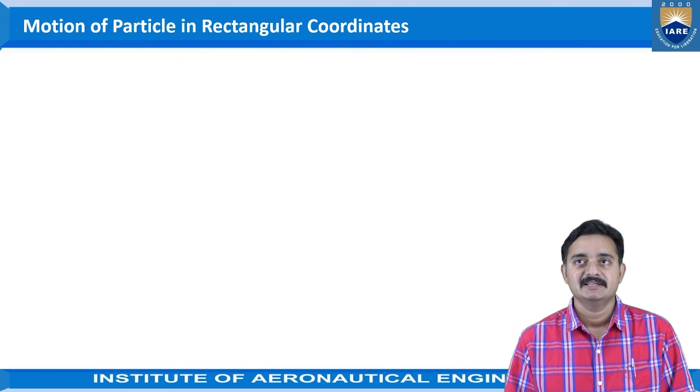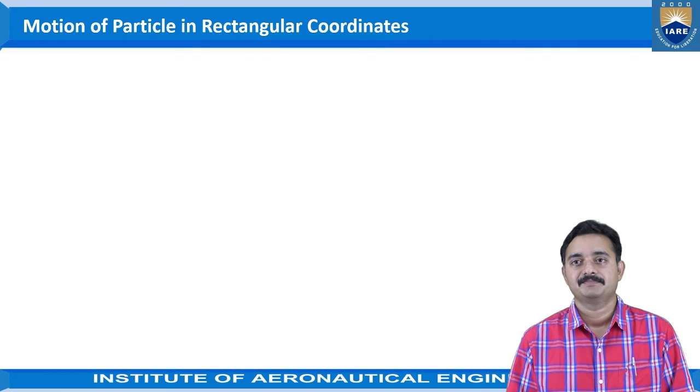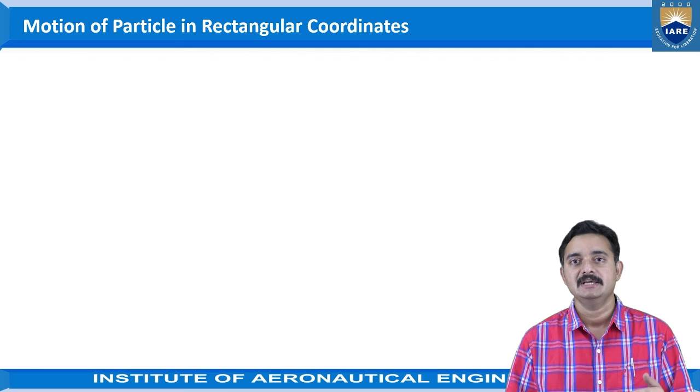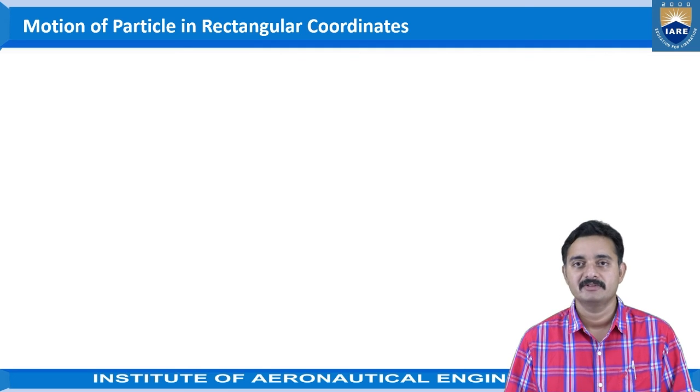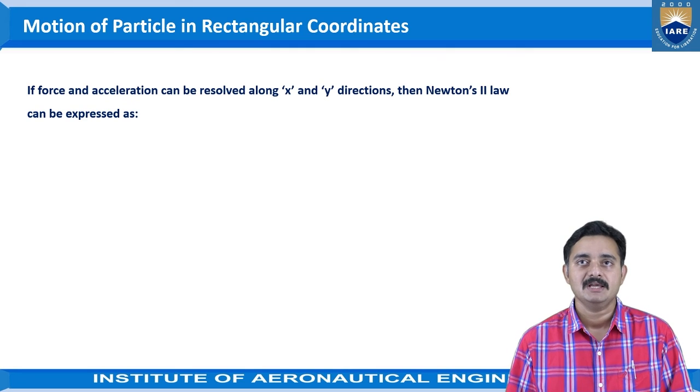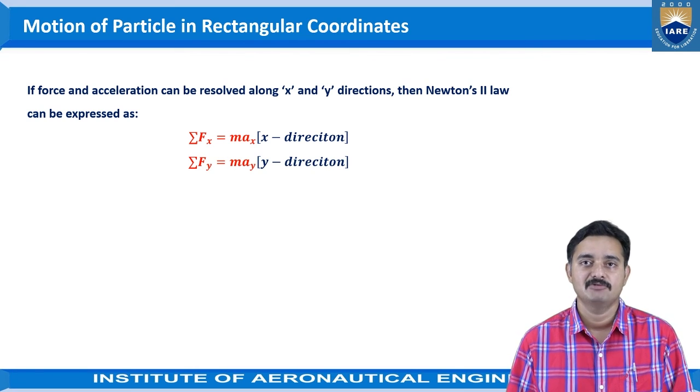Then motion of a particle in rectangular coordinates: how the coordinate system, the directions and the involvement of the forces are considered in rectangular coordinates. If force and acceleration can be resolved along x and y directions, then Newton's second law can be expressed as sigma Fx is equal to max in the x direction and sigma Fy is equal to may in the y direction.